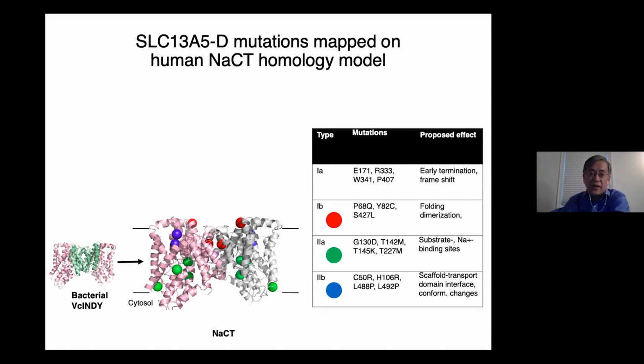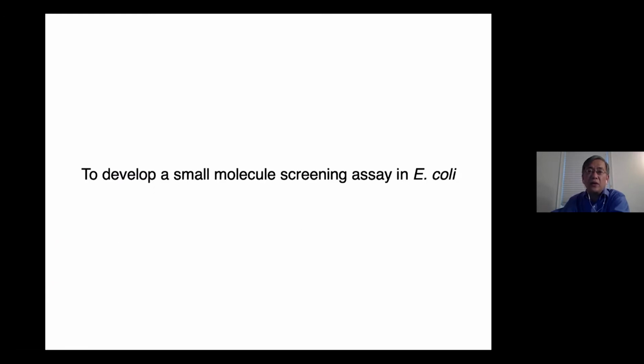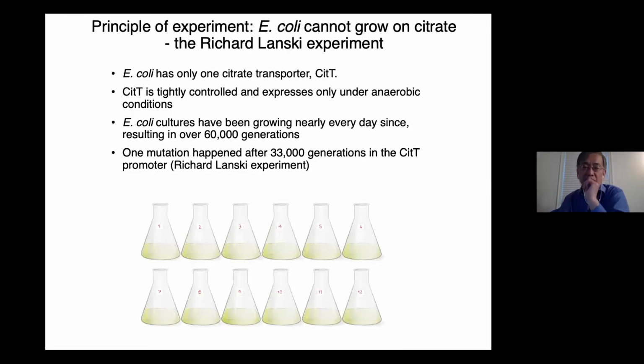To that end, we started to develop an assay to screen for small molecules. To have something efficient, we want something simple that can be monitored easily and is cheap. David Sauer in the lab had the idea of using E. coli.